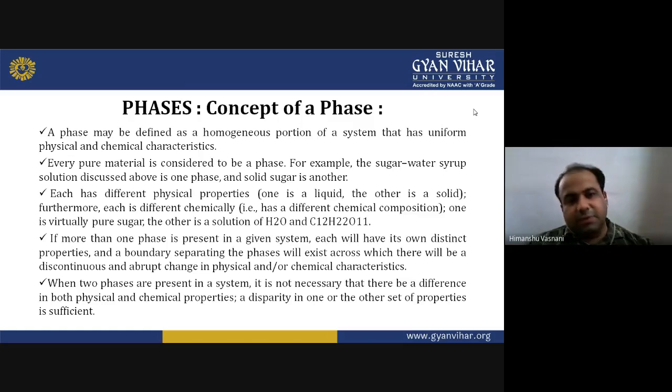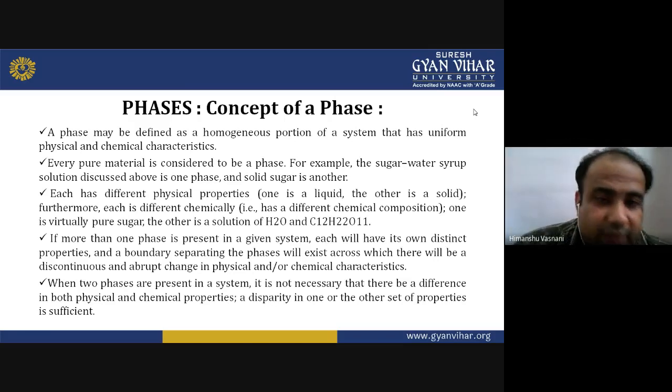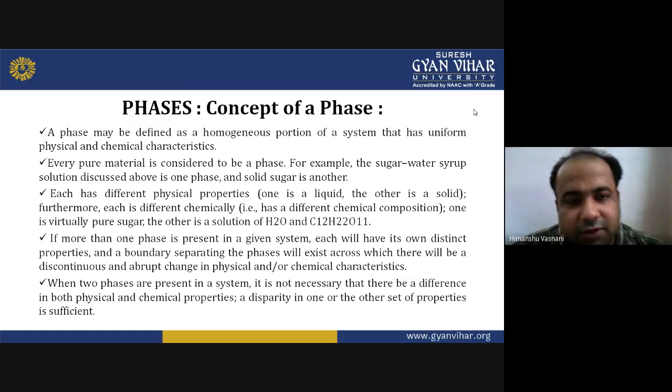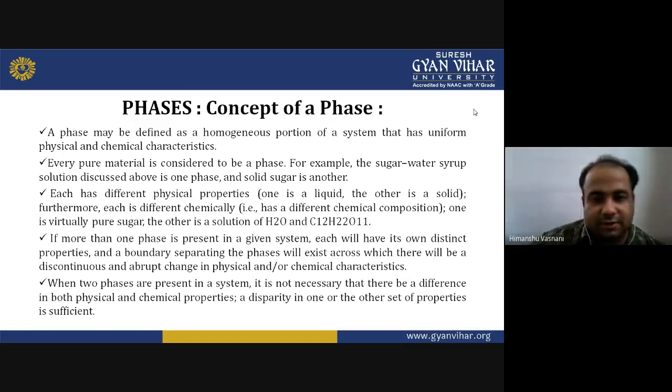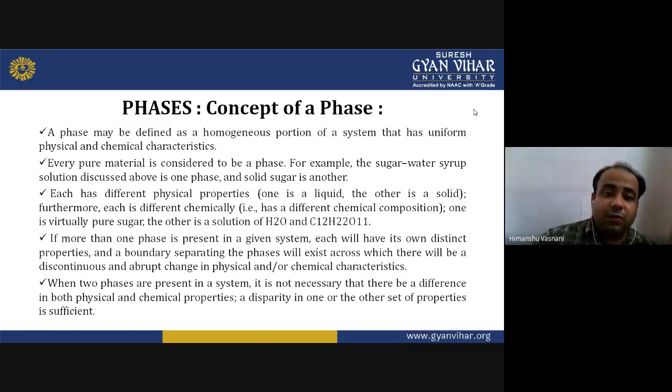A phase may be defined as the homogeneous portion of a system that has uniform physical and chemical properties. Every pure material is considered to be a phase. For example, the water sugar syrup solution discussed above is one phase and the solid sugar is another. Each has different physical properties: one is a liquid, the other is a solid.